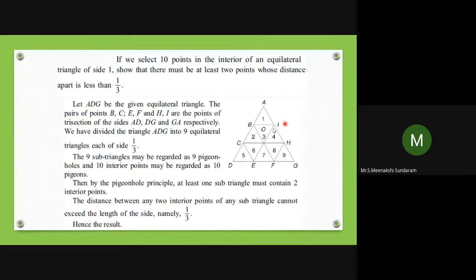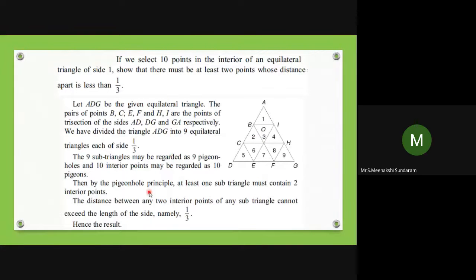Now we fix points: in each triangle we can put 1 point, that is 1, 2, 3, 4, 5, 6, 7, 8 and 9. So there are 9 points occupying all the equilateral triangles, and the distance between one triangle and another is more than 1 by 3.